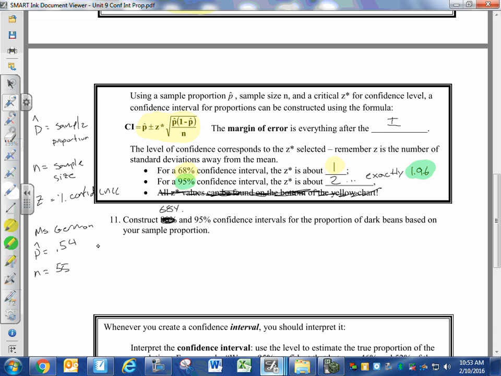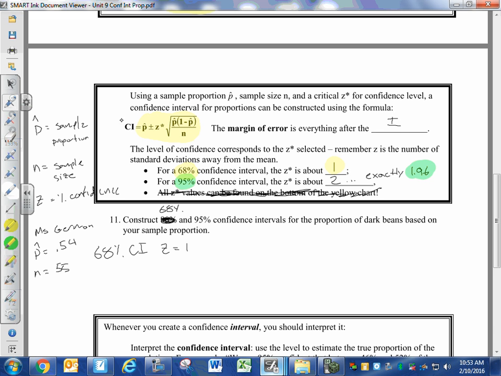Now, if I want a 68% confidence interval, this will say use a Z of 1. Okay? All we need to do now is plug everything into our formula, calculate it using our calculator, and we will have a range, and we'll be able to interpret what that means. So let's do it.